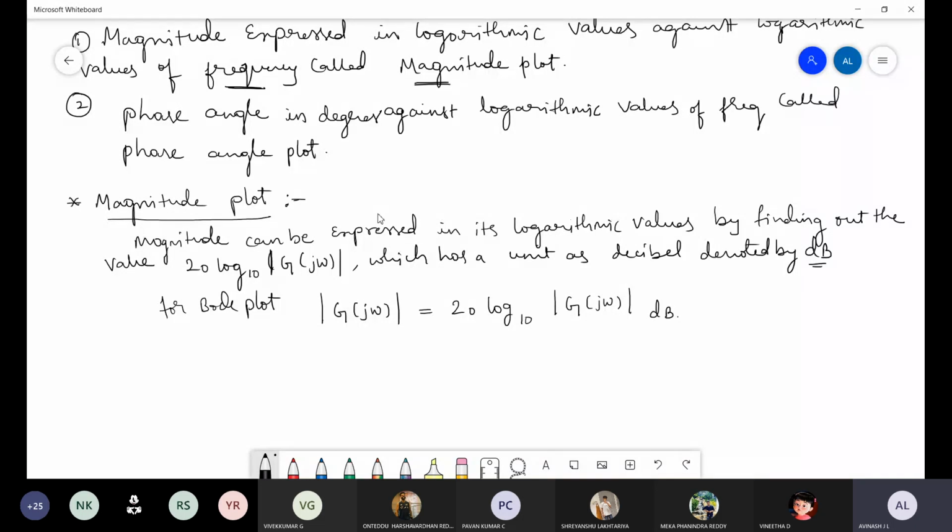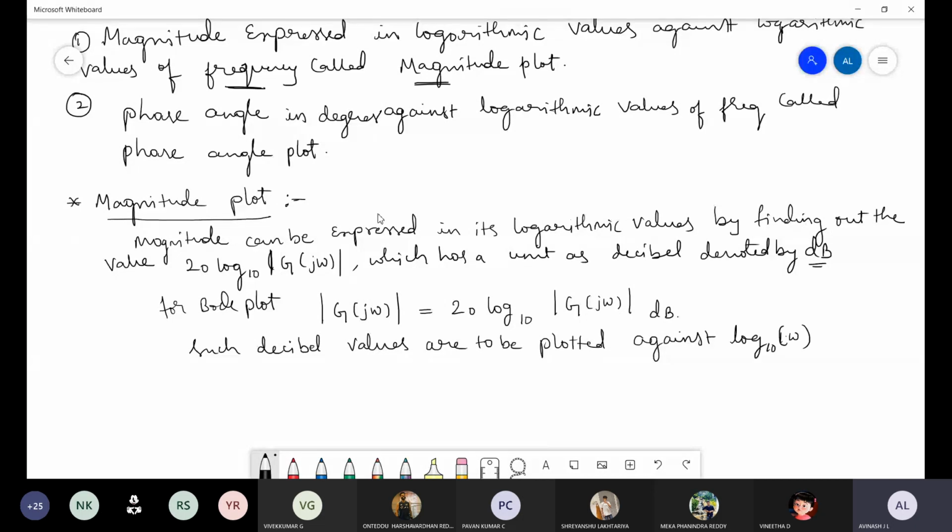Now such decibel values are to be plotted against log to the base 10 omega.